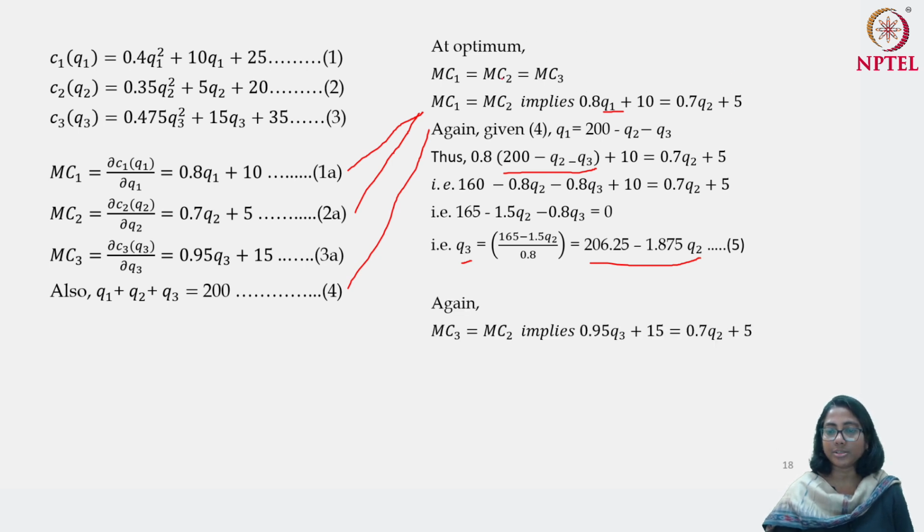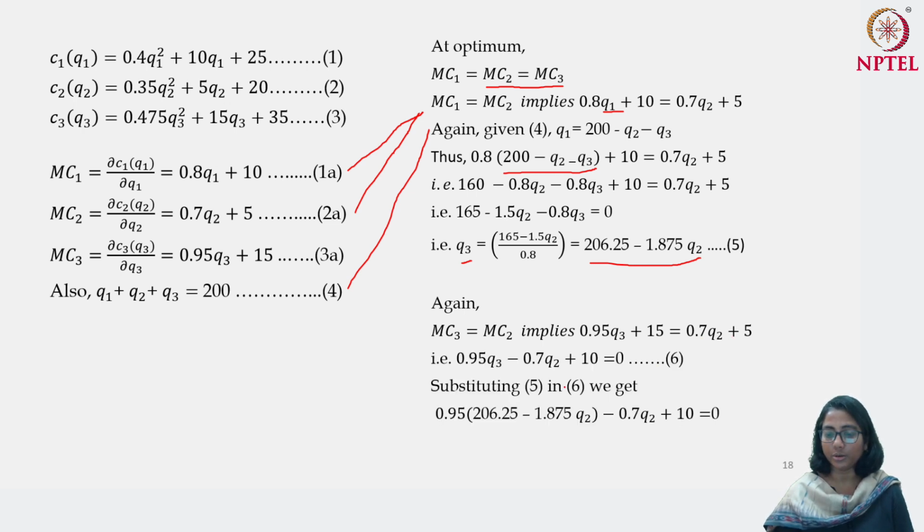Now let us equate MC2 and MC3, the second condition. This gives me the equation in terms of Q2 and Q3, which looks like this. So I have equalized the marginal cost, and this again gives me the relationship between Q2 and Q3 in the following manner: 0.95 Q3 minus 0.7 Q2 plus 10 is equal to 0. Now I am plugging in this value of Q3 here.